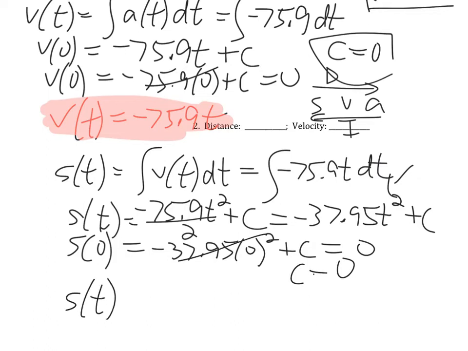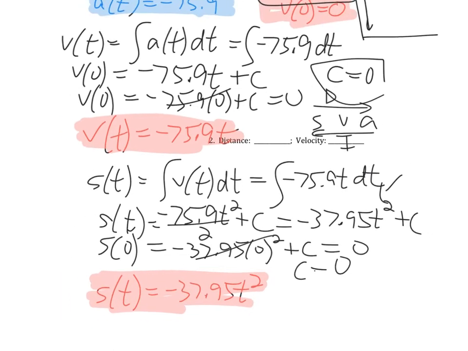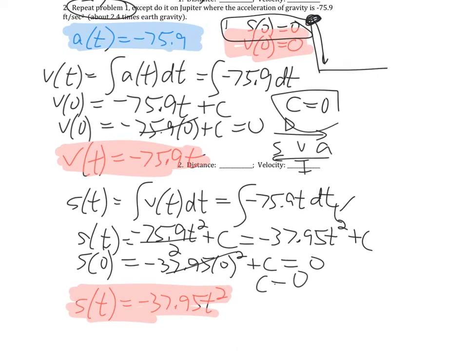So our position function, s of t, is negative 37.95 t squared. So that's the third of the three functions we need to find. The acceleration, which is given to you. The acceleration is always a constant. It's always a number, the acceleration. So the acceleration is a constant. We have the velocity and we have the position.